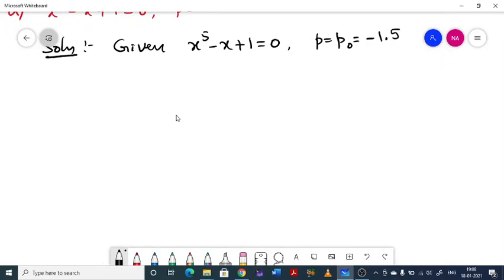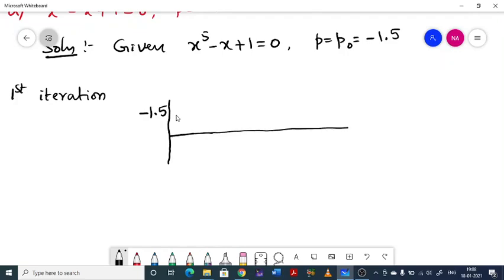So as usual, first iteration, here minus 1.5. Okay, the values I can write here.